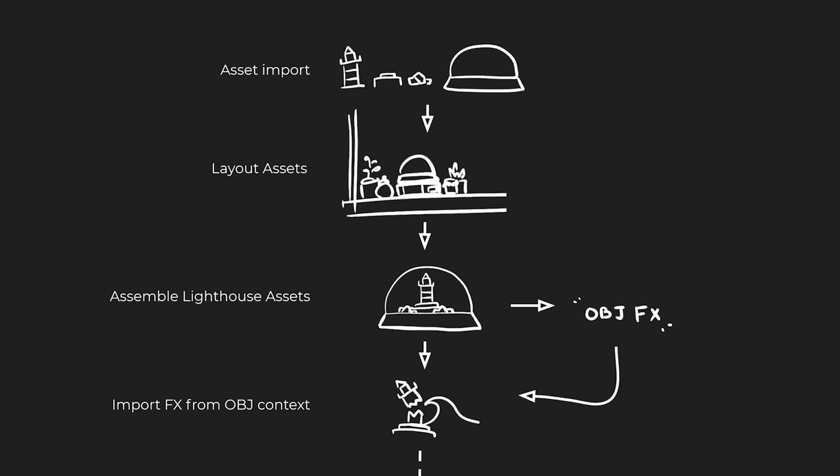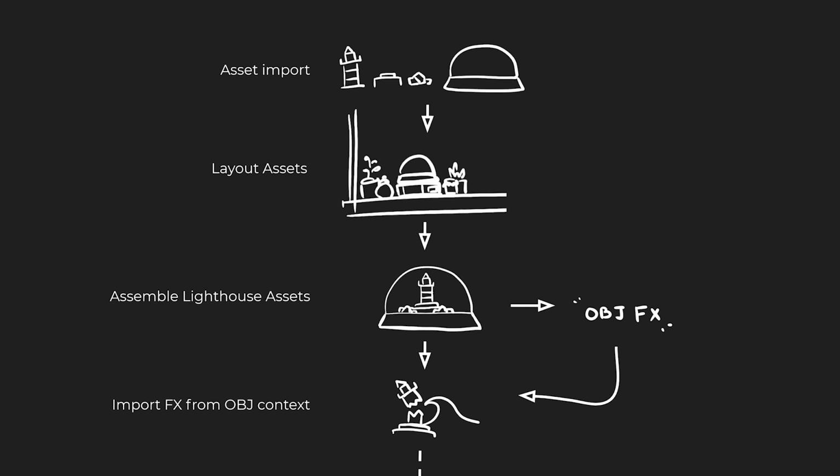They were actually some of the Magic Market assets that were already done by SideFX. And then I just laid them out within a scene. After it's laid out, I took just the snow globe and the lighthouse and brought them into the OBJ context where I made the effects.